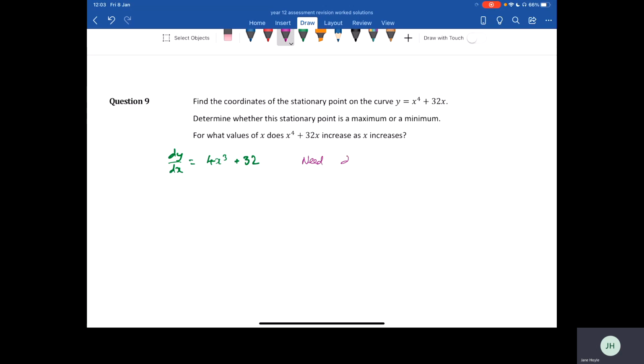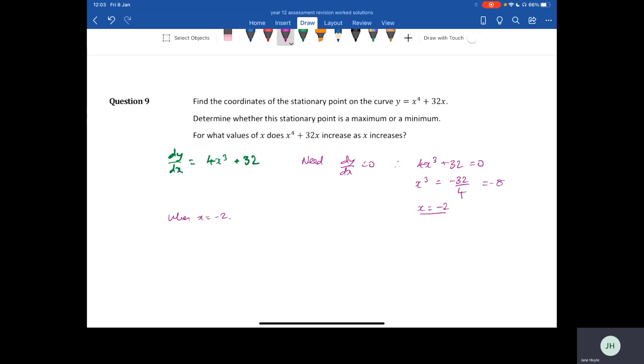I need dy by dx equal to 0 for a stationary point. So 4x cubed plus 32 is equal to 0. x cubed will be equal to negative 32 over 4, negative 8. So if I take the cube root of that, I've got one stationary point, and that occurs when x is equal to negative 2.